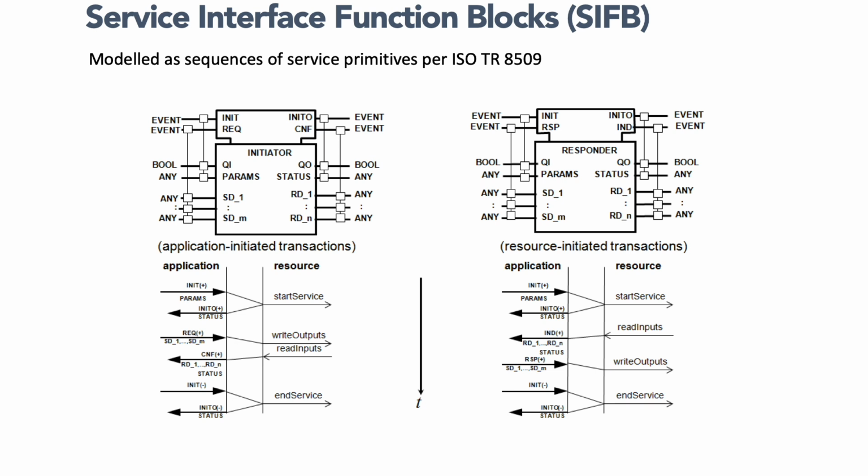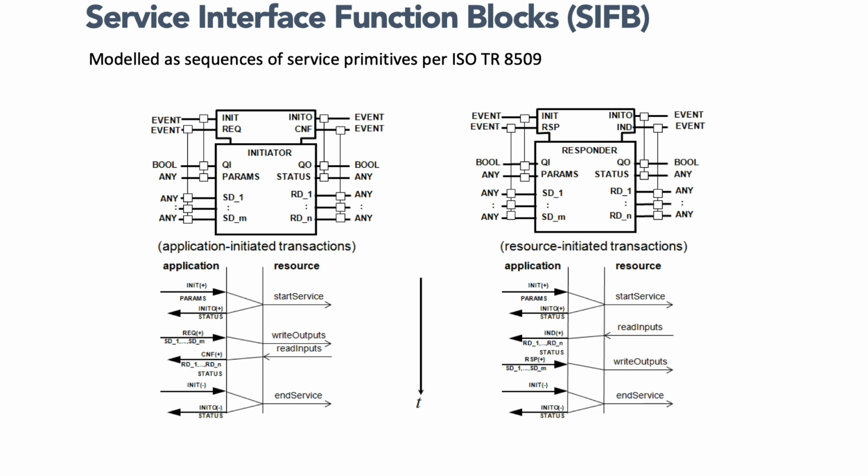In the sequence diagram we have two sides. One is the application side and another is the resource side. Using the arrows, we show the sequence in which events occur at the input of a function block and what happens afterwards. For example here, the initiator and responder are a pair of two function blocks that implement some interaction.